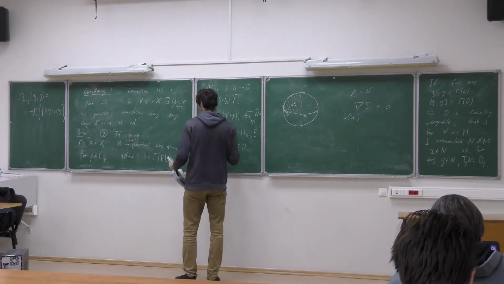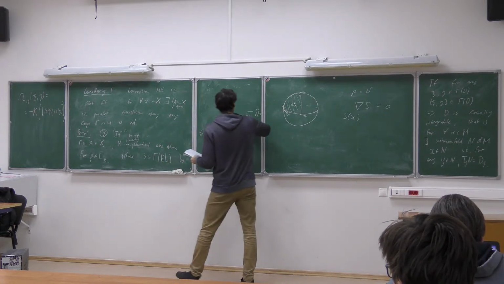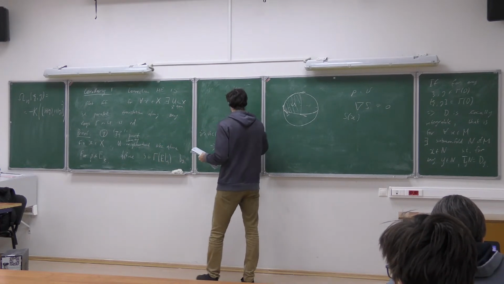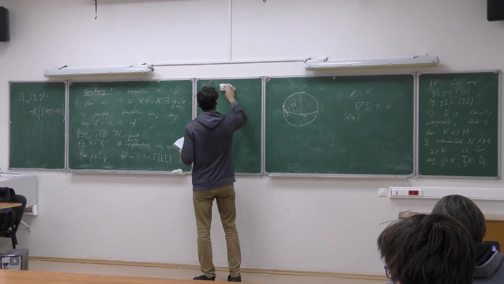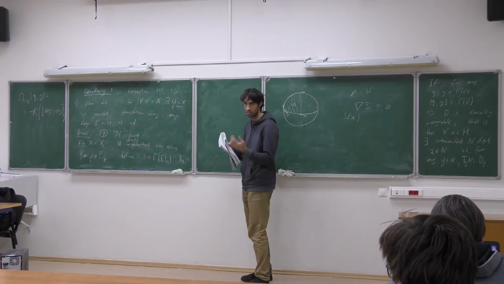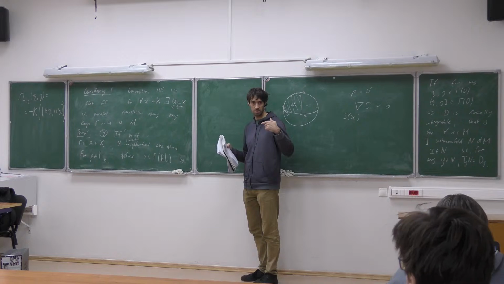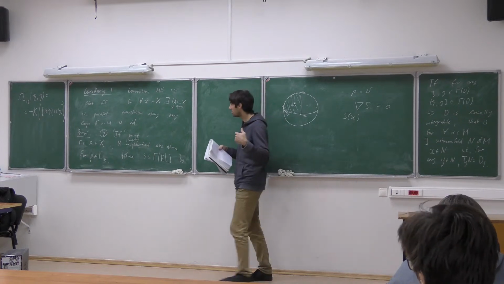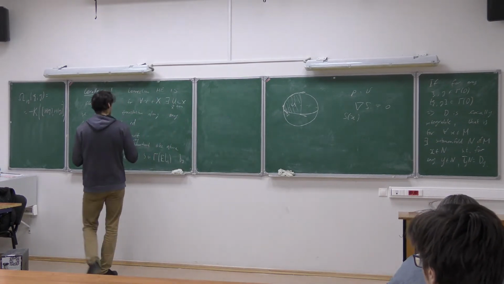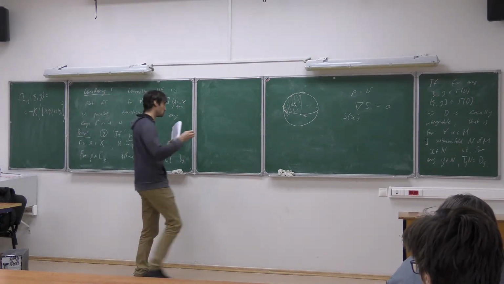And then any point in U, I just connect to X by any path. It doesn't really matter, because my parallel translation along any loop in U is identity, so I'm going to use it, right?